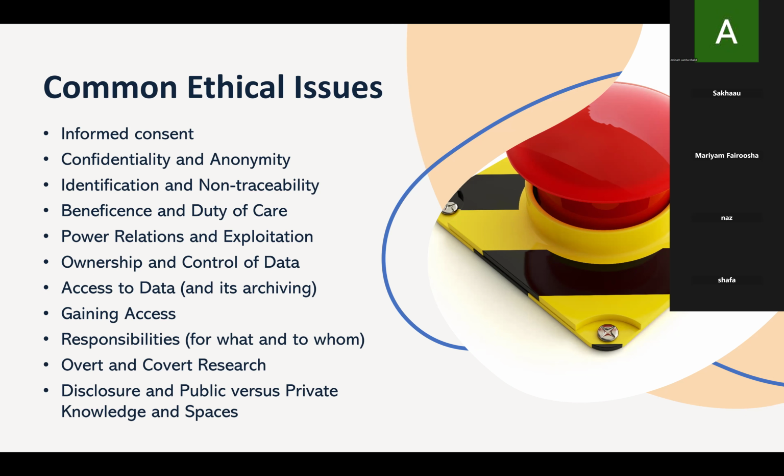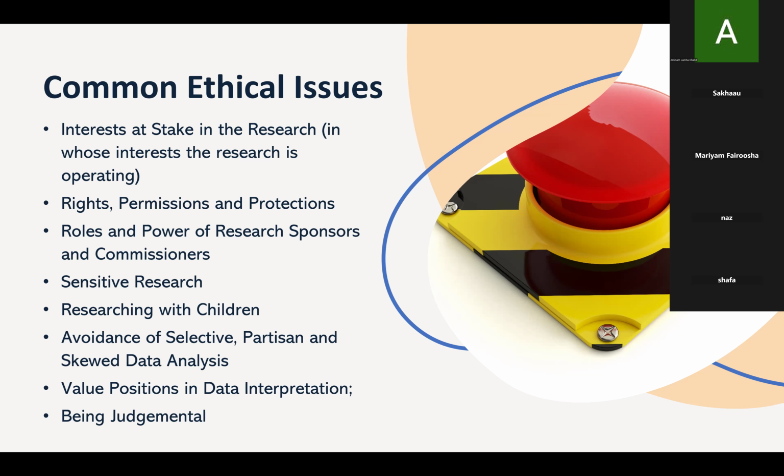That is something you need to ensure, and based on that, your research methods, your guidelines, and your data collection would all be different. So you have to focus on those. And then there are others which we have already talked about: interests at stake, the rights, permissions, and protections. We have talked about that. The roles and powers of research sponsors and commissioners.